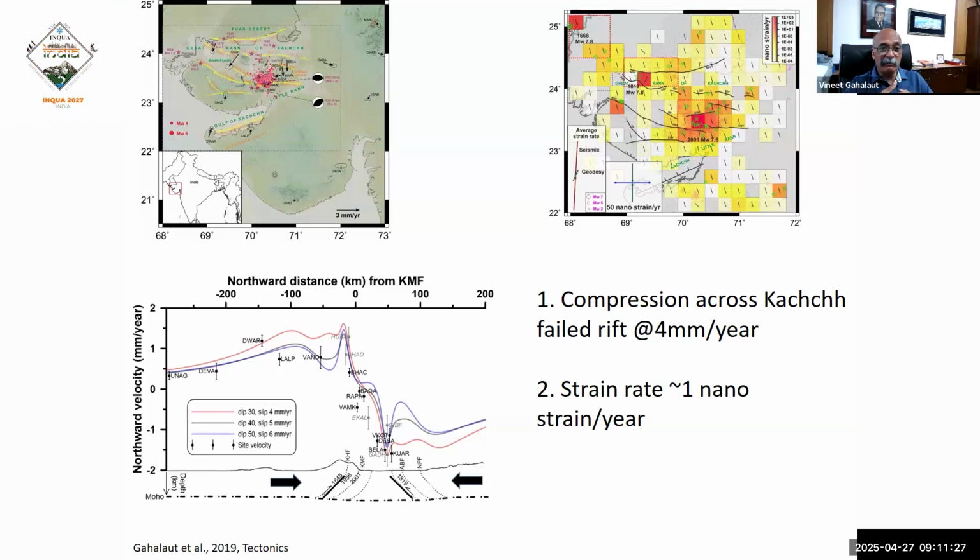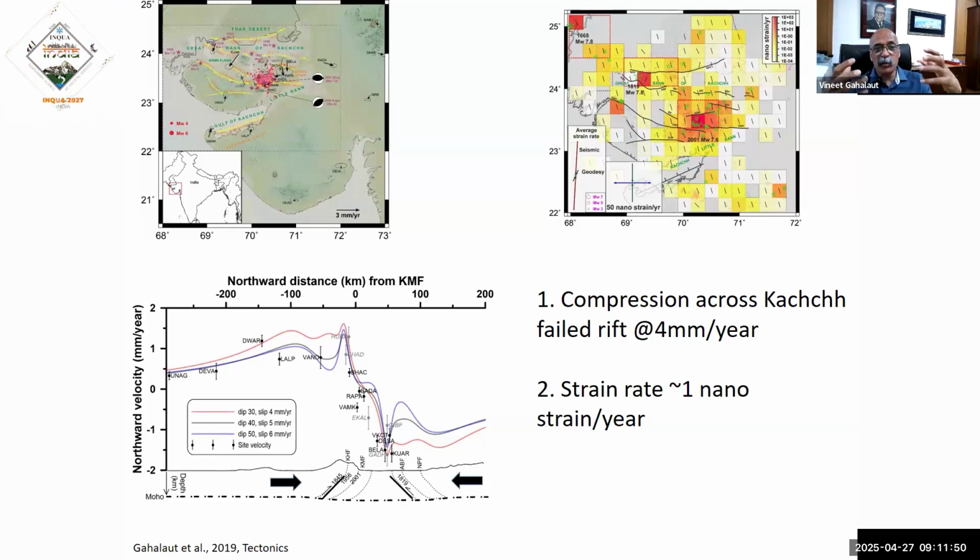But then, this region also tells that it has been visited by a major earthquake in 1819, and then again, after almost 200 years, in 2001, the Kachchh earthquake. So this is also very unlikely for a plate interior region. How come?